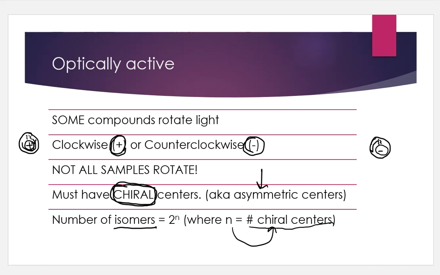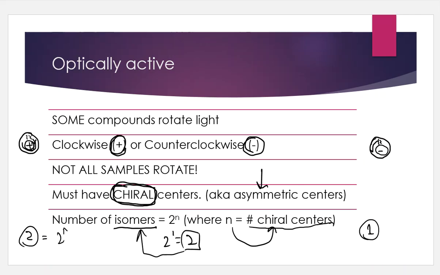All right. So chiral centers, let's say I've got one chiral center, whatever that means. We've not talked about it, but let's say there's one of them. Well, 2 to the 1 power is 2. There we go. All right. So that means there will be 2 isomers of this molecule based on the number of chiral centers that it has. Okay, well, let's say that a molecule has 2 chiral centers.